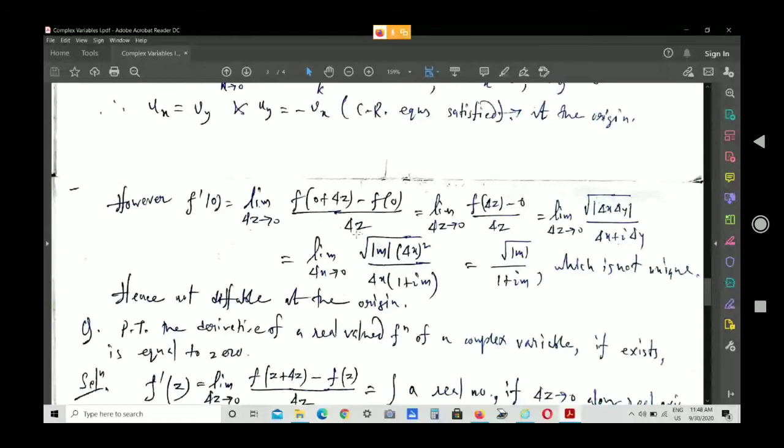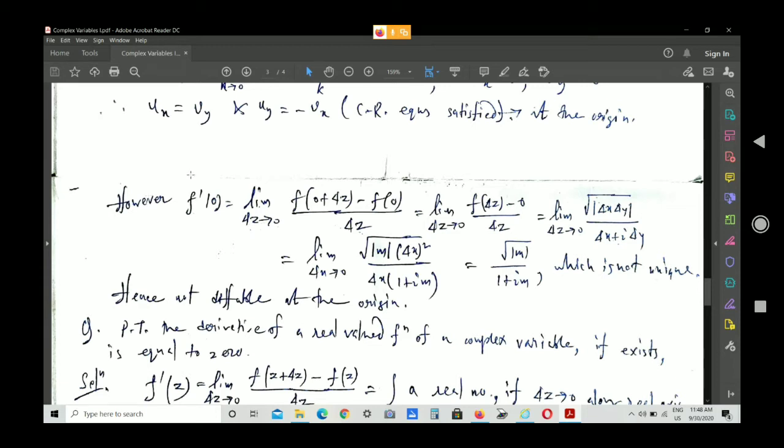After simplification, you will arrive at this. Here you have square root of del x squared, which becomes del x, so del x will get cancelled. Finally, you will have square root of mod m divided by 1 plus im. Therefore, this is not unique because it depends on the path y equal to mx.